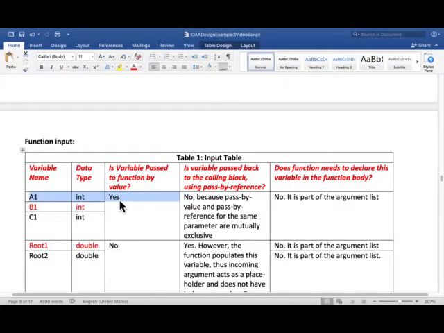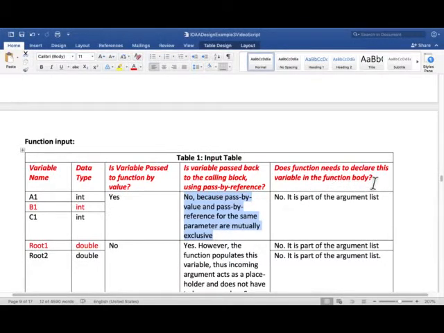They are already determined by user input. The getParameters function actually does that. We discussed the getParameters function last time. And they're not passed by reference, because we decided pass by value and pass by reference are mutually exclusive. So if we are passing by value, we can't pass by reference.